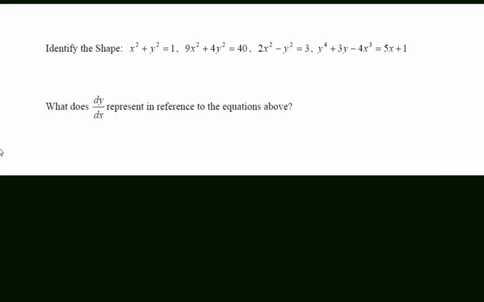In the second page of the packet, they ask us to do a couple things. First off, to identify some shapes. So you probably recognize this as a circle. And the second one you probably recognize as an ellipse. The third one, hyperbola.